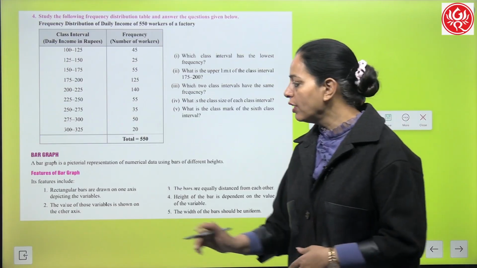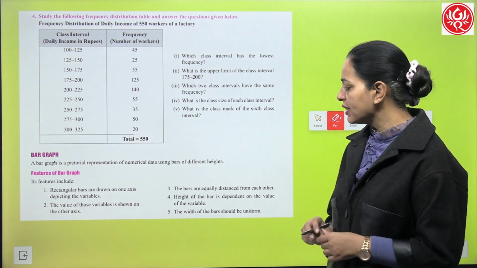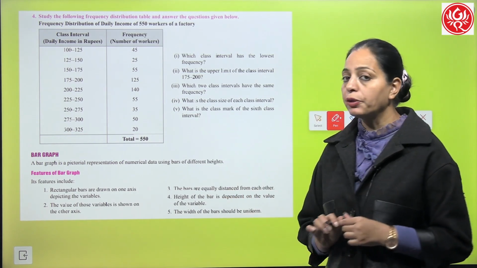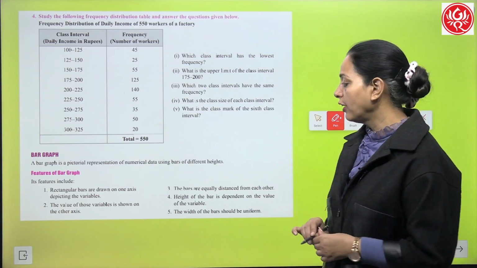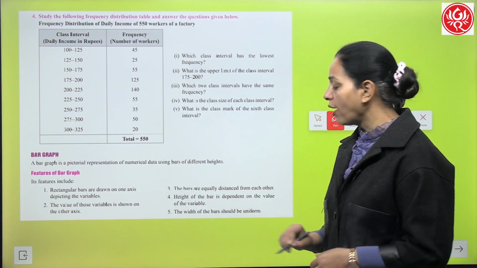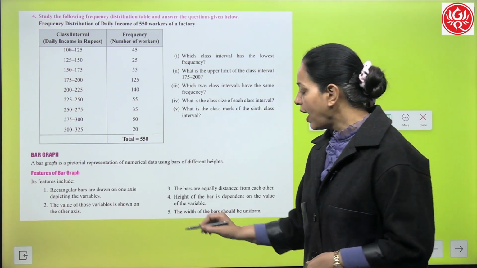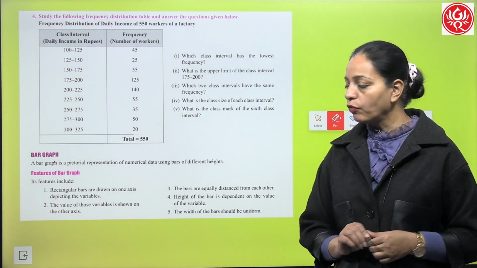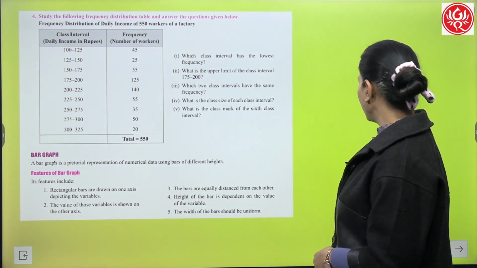The second one, the value of those variables is shown on the other axis. And the third one, the bars are equally distanced from each other. And the fourth, height of the bar is dependent on the value of the variable. And the fifth, the width of the bars should be uniform. So you know very well these points.